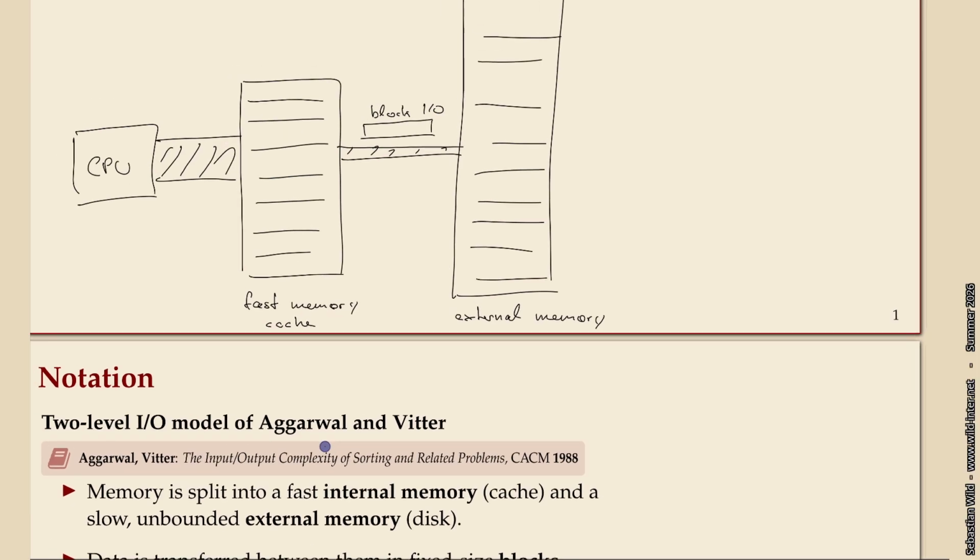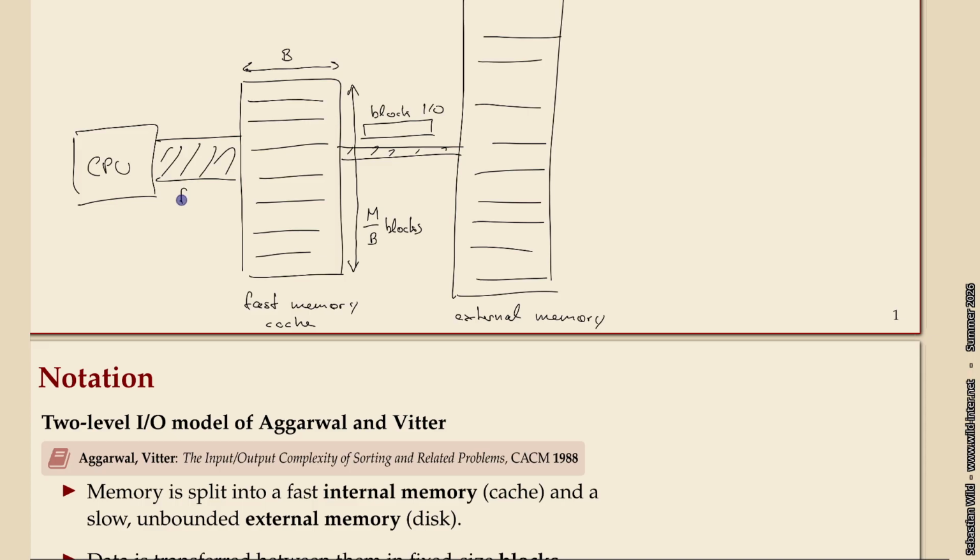Now, this is also one block. So in terms of B elements, the number of blocks you can fit into memory is M over B, so that the total memory size is capital M.